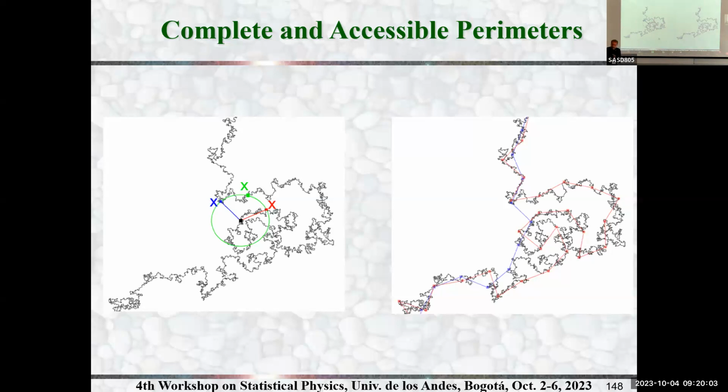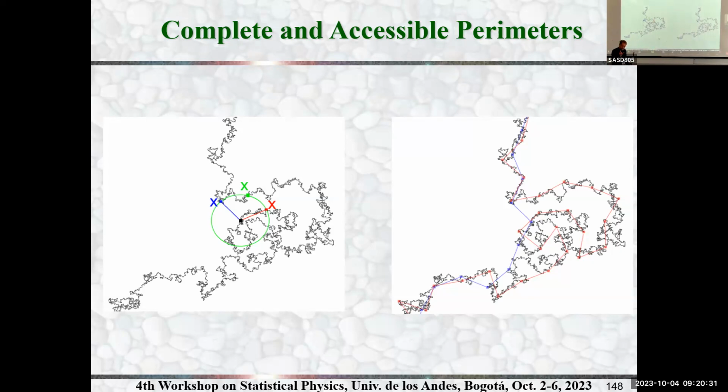The complete perimeter is very easy to define. It is just all the sites that are on the surface of the cluster. Here it's not easy to see because of the color, but it's the one that goes along the entire path. If you want to calculate the fractal dimension, you use the so-called yardstick method.